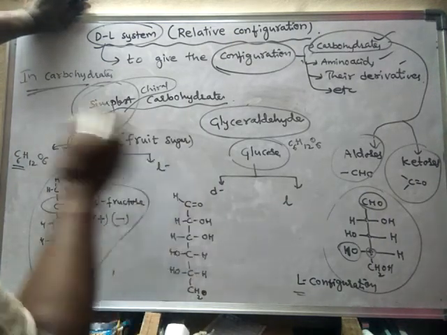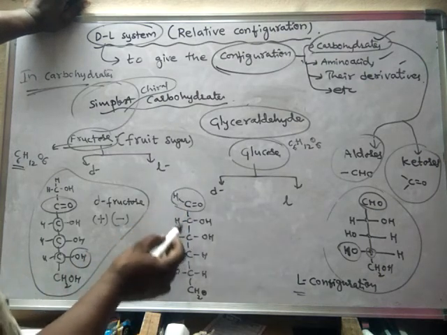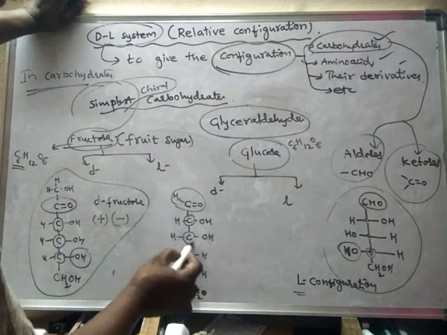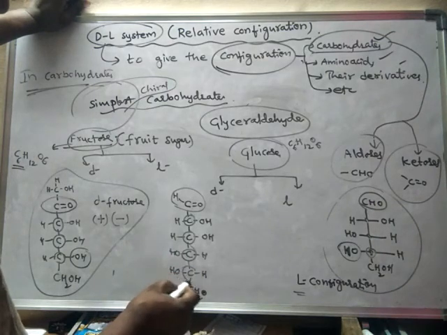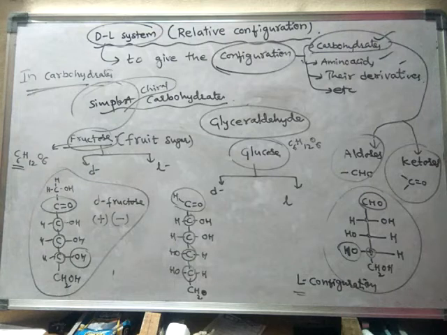This is glucose, and this is the CHO group. This is a chiral center, this is also a chiral center, and this one too. How many chiral centers are there? Four chiral centers are there.